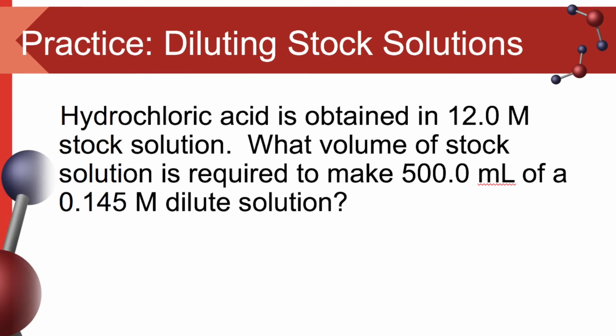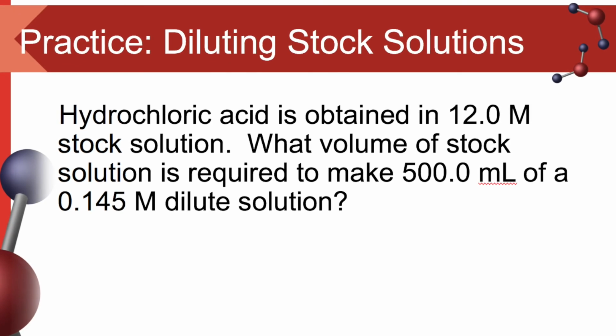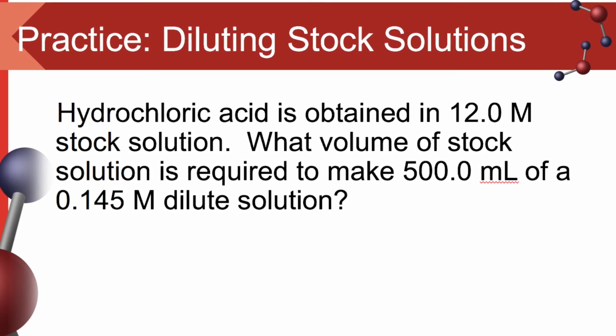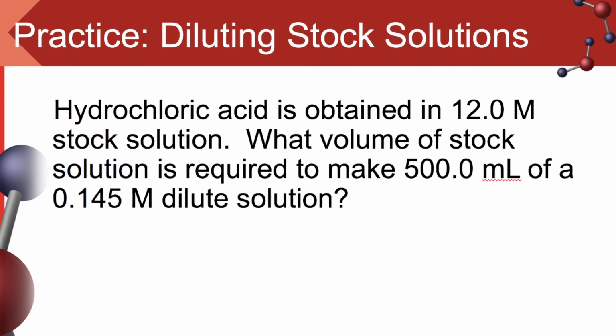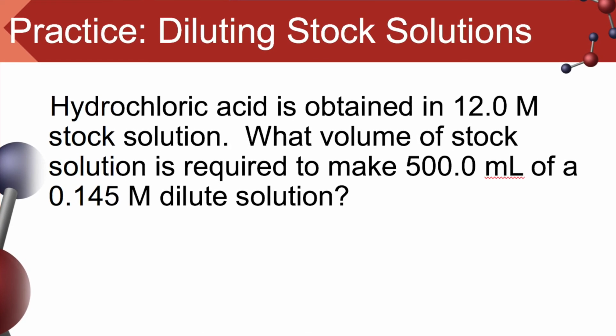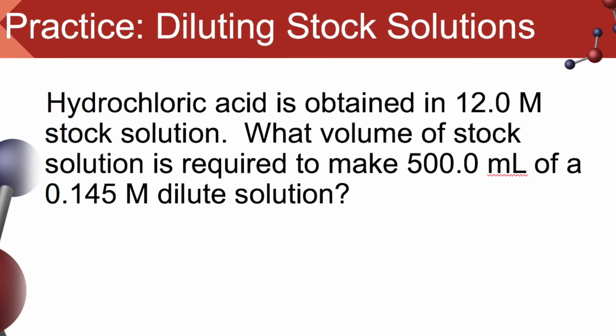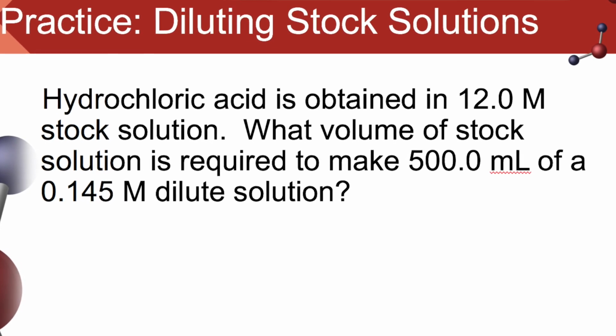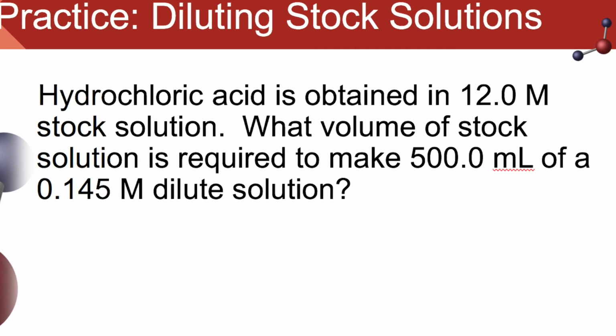So here's the question. Hydrochloric acid is obtained in a 12 molar stock solution, very concentrated hydrochloric acid. It says what volume of stock solution is required to make 500 milliliters of a 0.145 molar dilute solution.